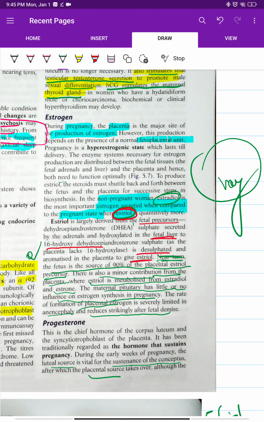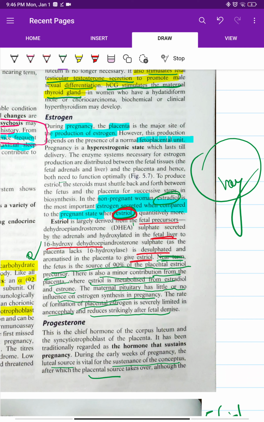The adrenal of the fetus makes DHEA, dehydroepiandrosterone sulfate, which is hydroxylated in the fetal liver to 16-hydroxy dehydroepiandrosterone sulfate. The placenta lacks 16-hydroxylase.